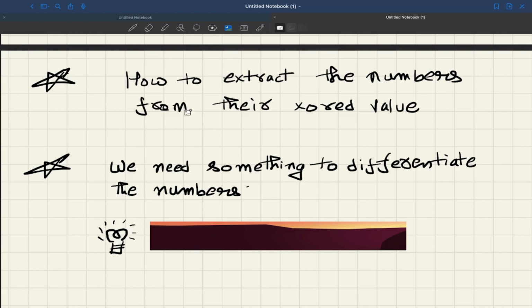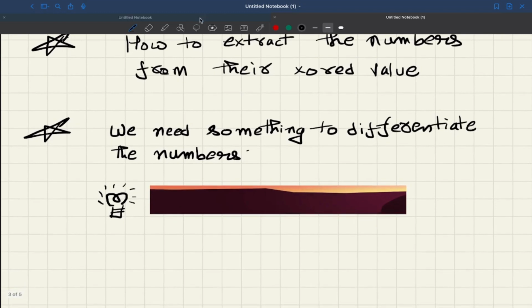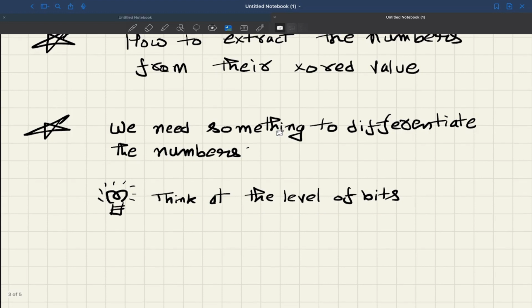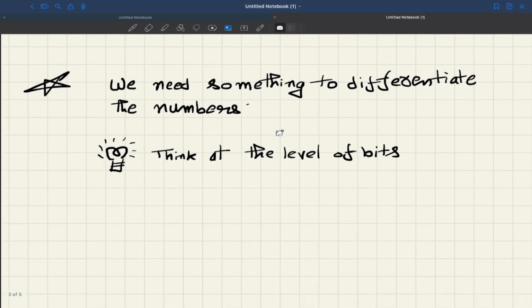How will you differentiate two numbers? So the hint is, think at the level of bits. Think at the level of bits. Okay.